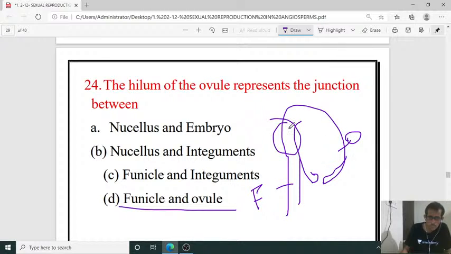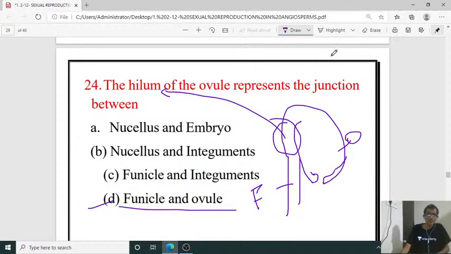Between the ovule and funicle is the junction, which we observe as the hilum. The hilum of the ovule represents the junction between funicle, the stalk, and ovule. So for the 24th question, D is the right answer.